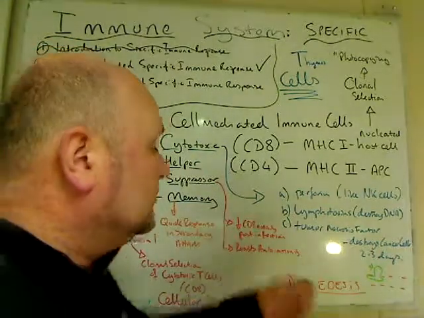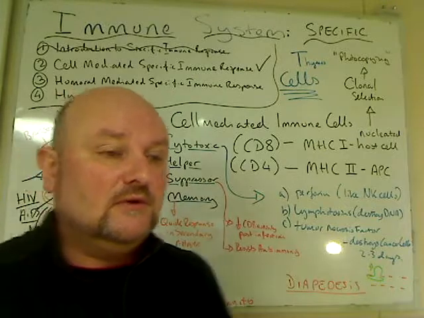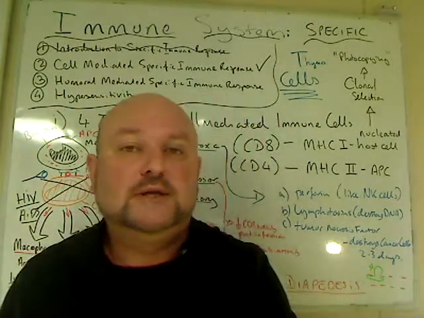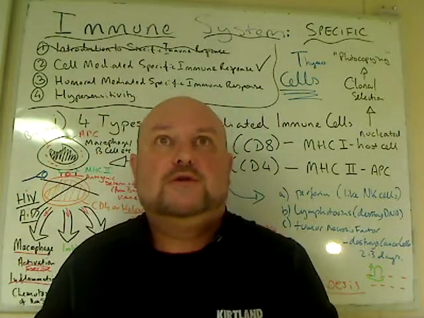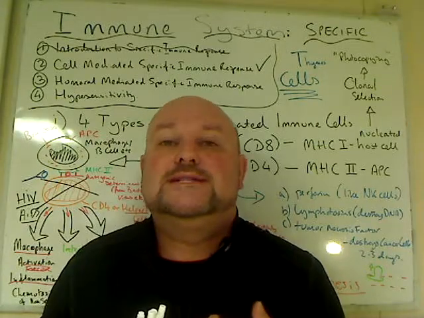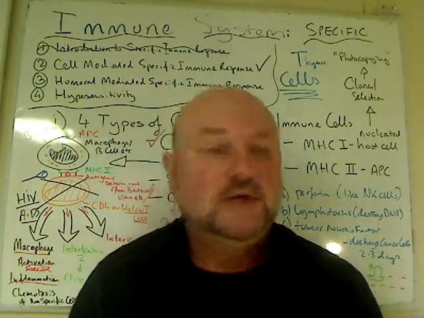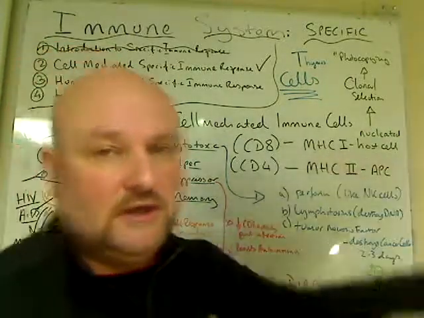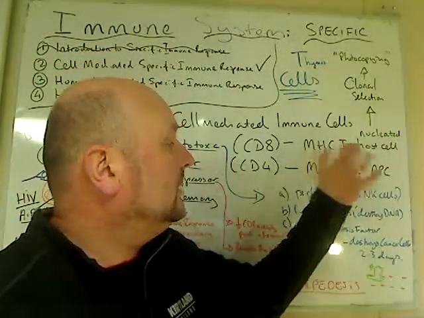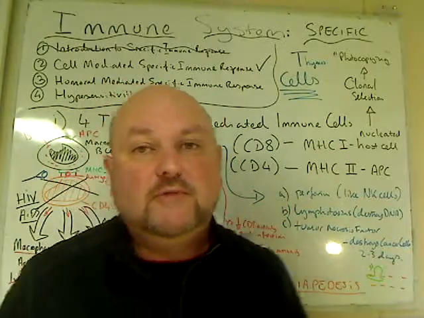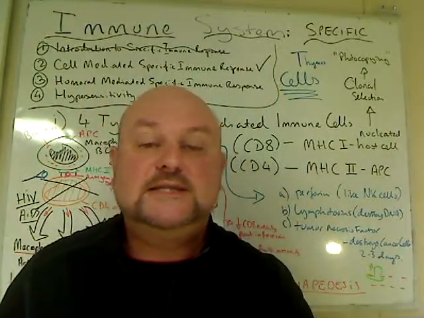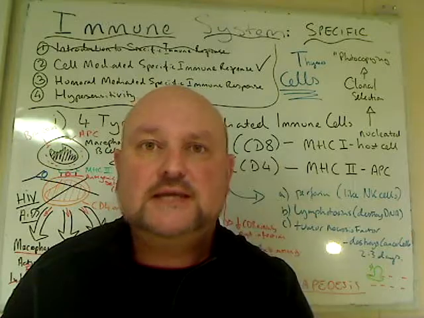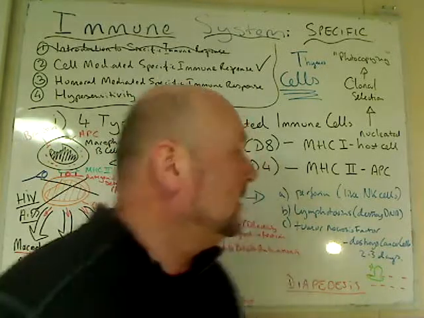They also act to resist autoimmunity. Now, autoimmunity is something that we look at a little bit in the PowerPoint, but autoimmunity is when your immune system starts attacking your host cells. So this whole MHC class 1 host cell thing is not working correctly. The antibodies, for example, of the B cells or T cells are attacking cells that they shouldn't.